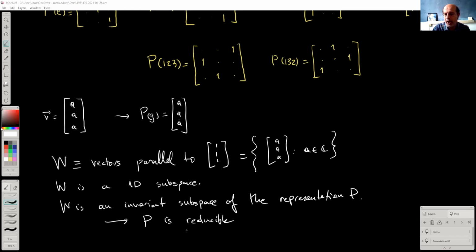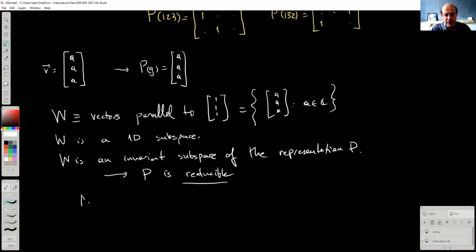All right, so we are going to see how we will reduce it. But you can think of it like this. Remember the trivial representation that we have talked about before, a representation by one by one matrices. P behaves like a trivial representation on this subspace, because when it acts on every vector in that subspace, it doesn't change it.